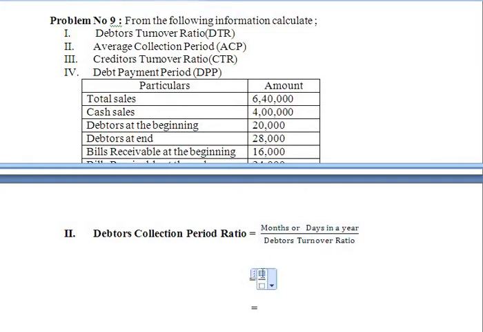So we'll take here days, 365 days divided by how much is debtors turnover ratio? It is 5.45.